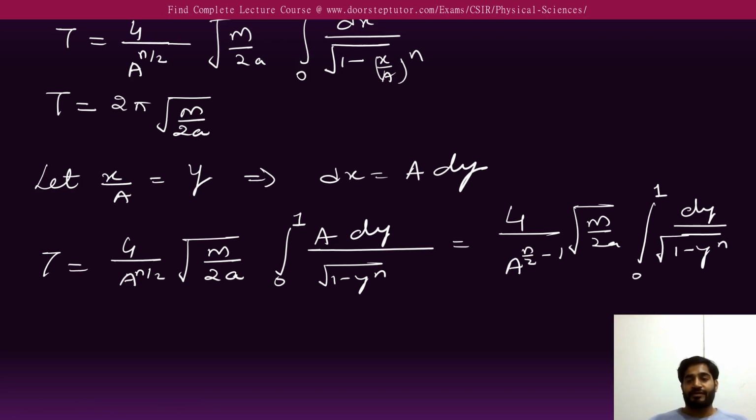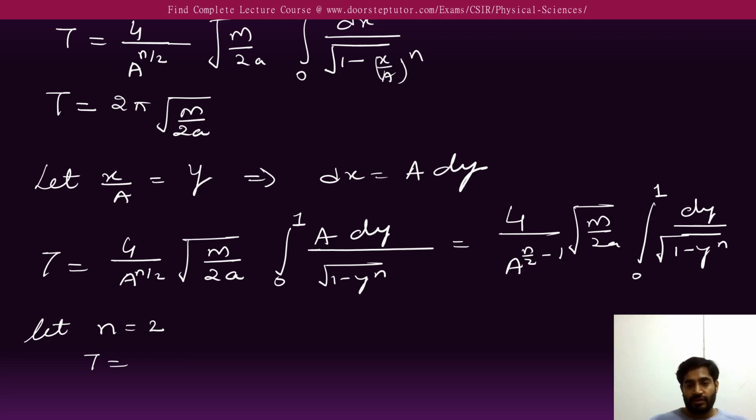This is the time period for arbitrary n. Now if we take the simple case, let n equal 2. The time period equation becomes, placing the value 2, 2 upon 2 minus 1, which is going to be 0. A to the power 0 is 1.